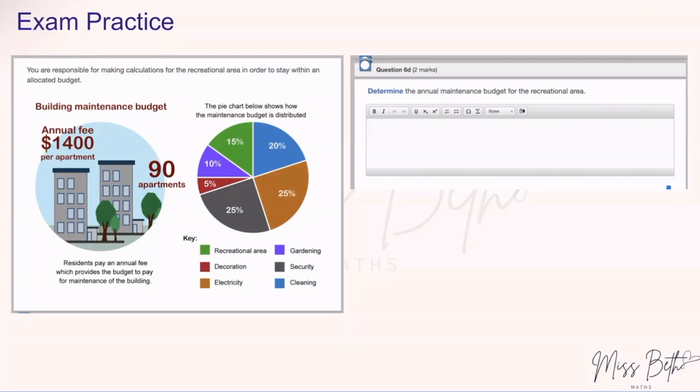So here we've been given some information. We're responsible for making calculations for the recreational area for a block of apartments, okay? We have a building maintenance budget. We have an annual fee of $1,400 per apartment. There's 90 apartments. We've got a pie chart to show how the budget is distributed.